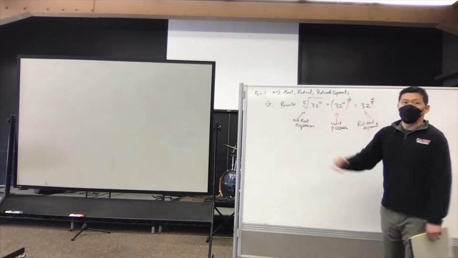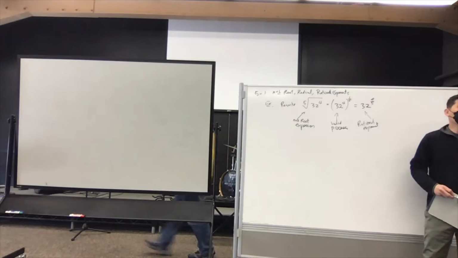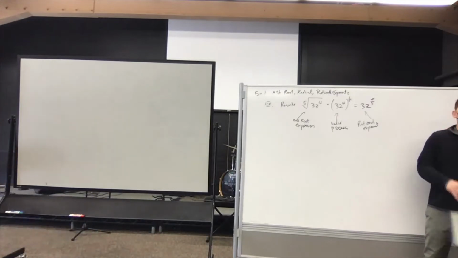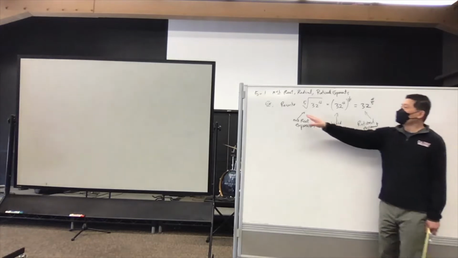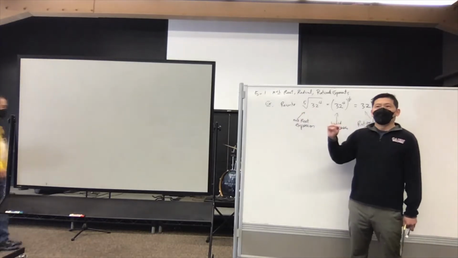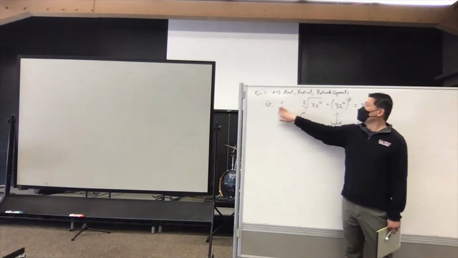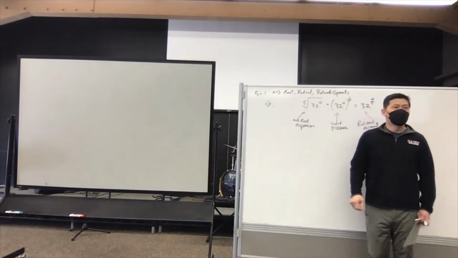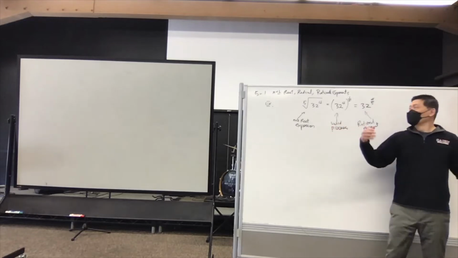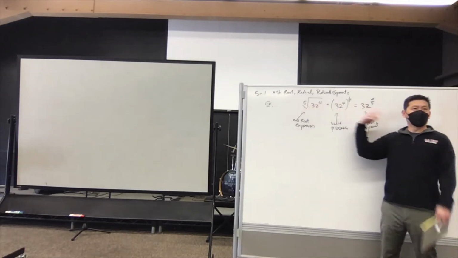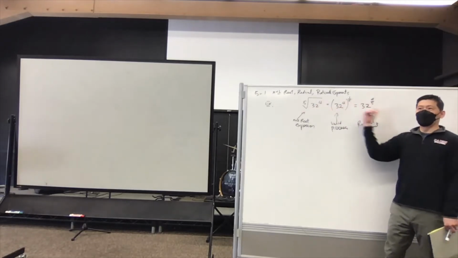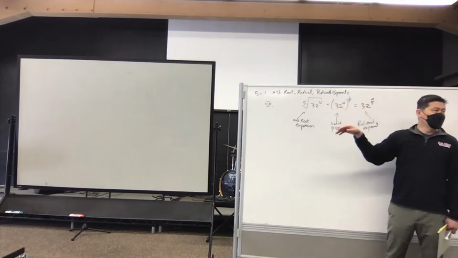The point here is that even though there's a call to action telling you to rewrite something, even if I erase this, you have to be able to navigate from this place to this place. It's a fluid, dynamic process.